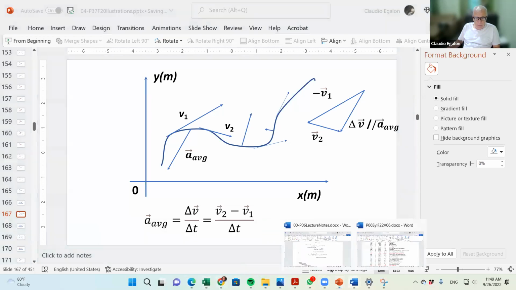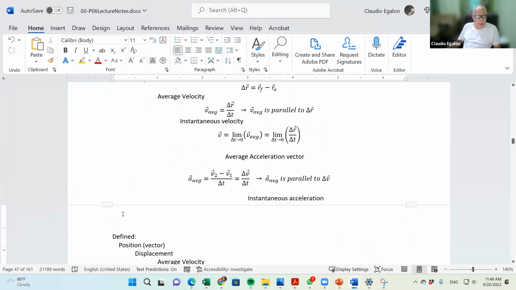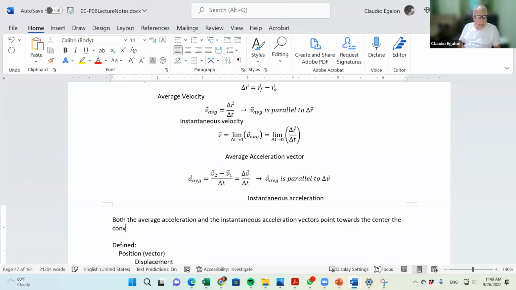There's a very important piece of information to take home. I'm going to write it down for you. Both the average and the instantaneous acceleration vectors point towards the center of the concavity of the path of our particle.